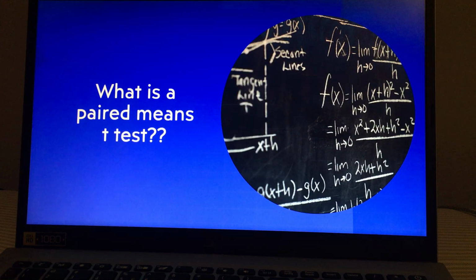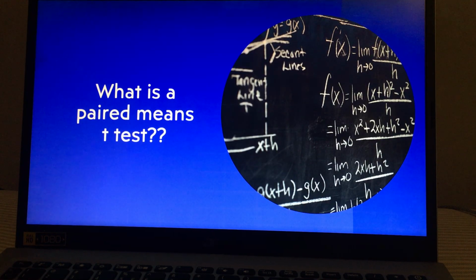But suppose that you're a lazy statistician or a lazy student and you don't want to go through all that effort of creating that new improvement variable. Perhaps you just want to keep the difference between a one sample and a paired samples test clear in your mind. If you just want to do it that way, you could do it that way as well.